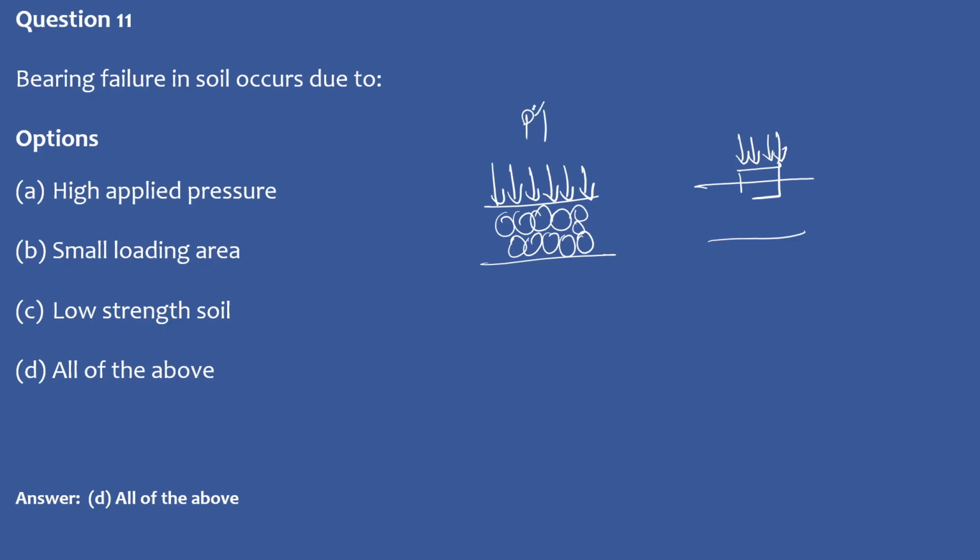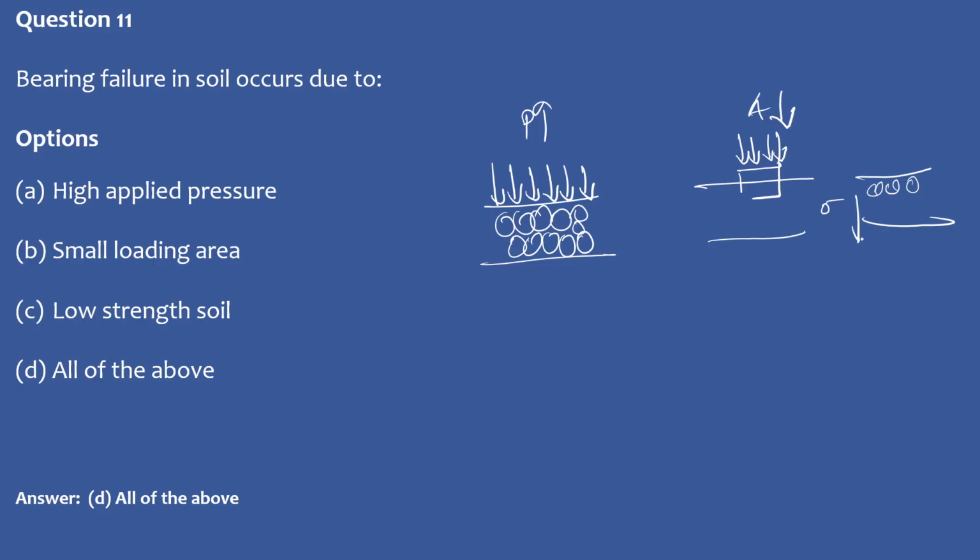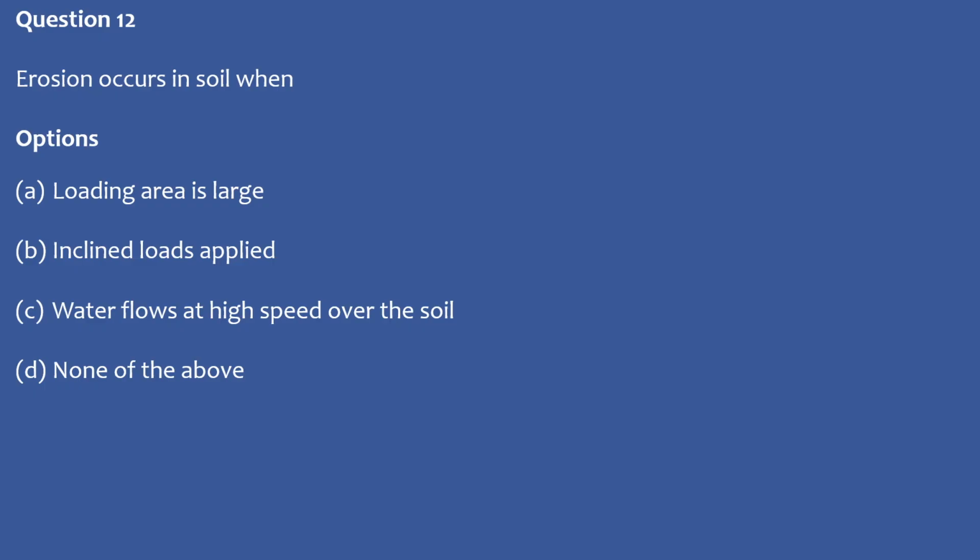So either your P is very high, or your area on which it's acting is very low, or your material does not have sufficient capacity. In that particular case, bearing failure of the soil occurs. So the correct answer is option D, all of the above.